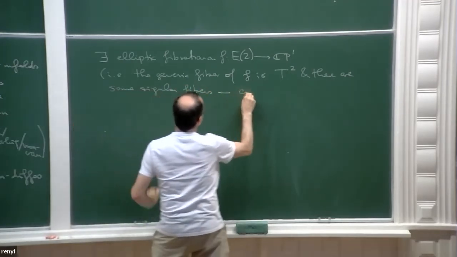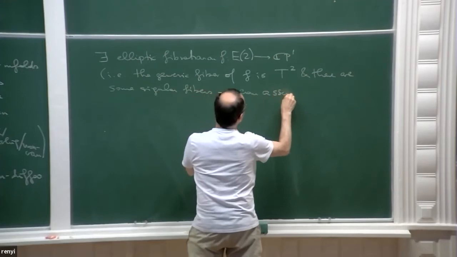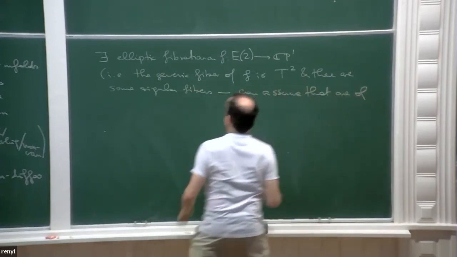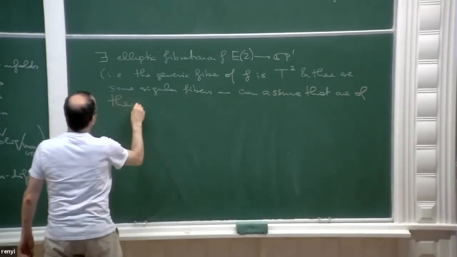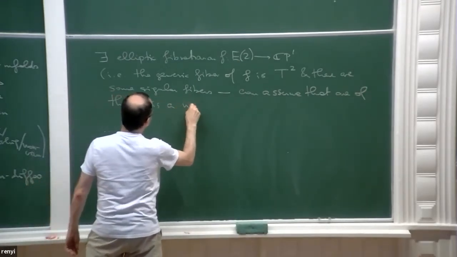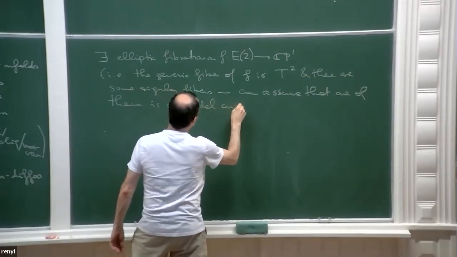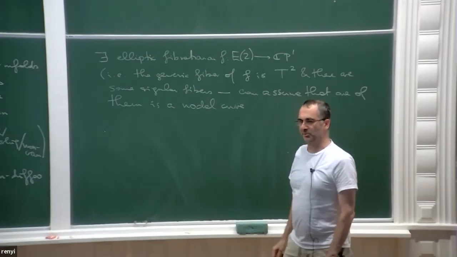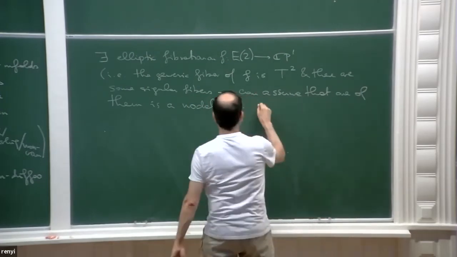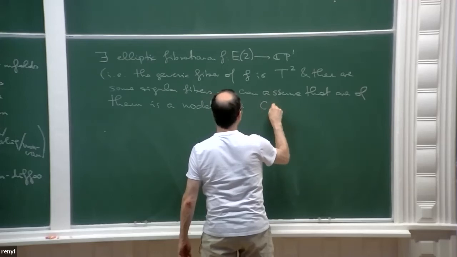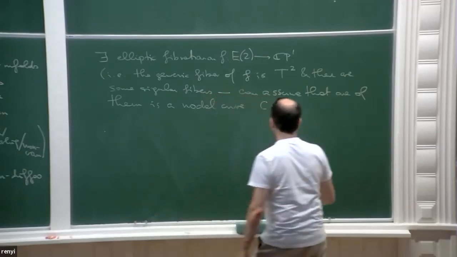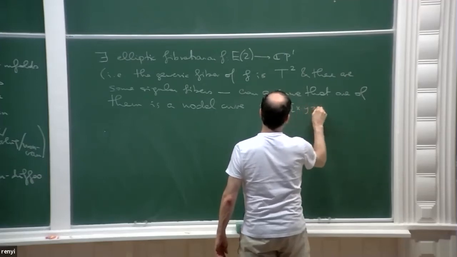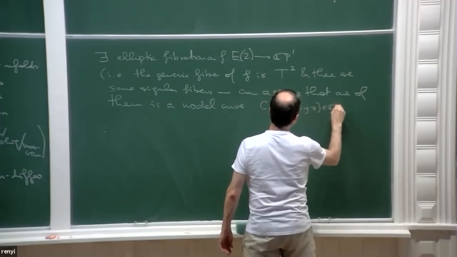And we can assume that one of them is a nodal curve. Such fibers are called fishtail fibers, and you will understand in a moment why. But let me just recall to you that the nodal curve C in CP2 looks like this in homogeneous coordinates.